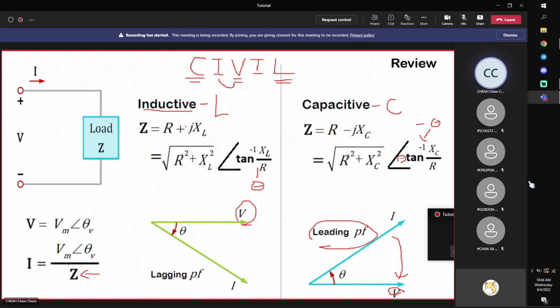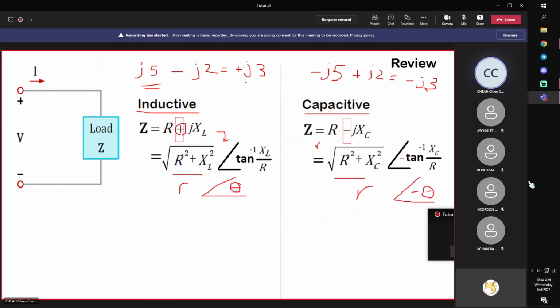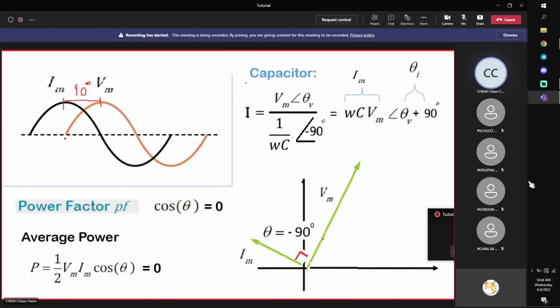For inductive, I lag V. I is lagging behind my V, which means that if you cannot remember it, just write down this: my V is my reference. Capacitor, I lead V. Inductor, I lag V. All right, or you go back to basics as I explained to you just now.